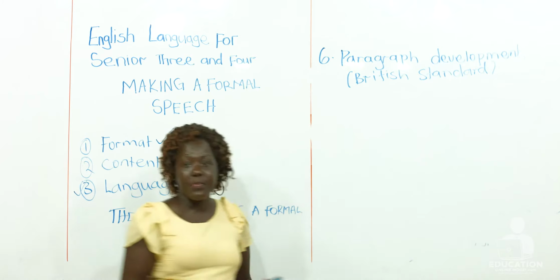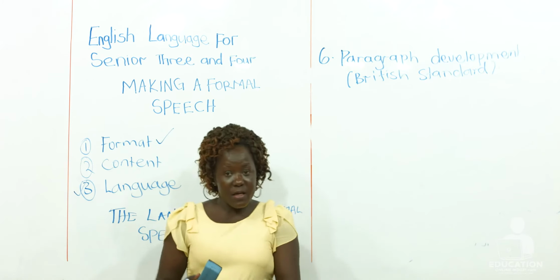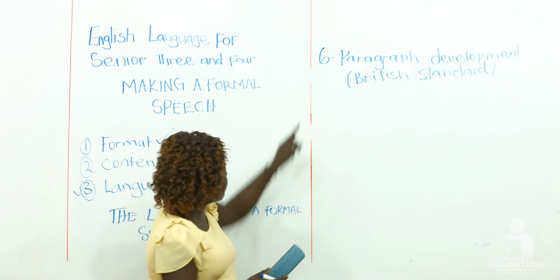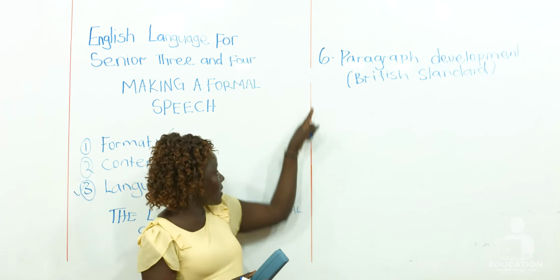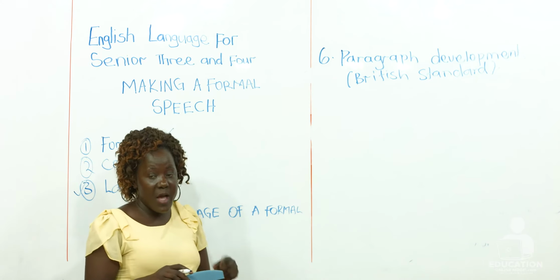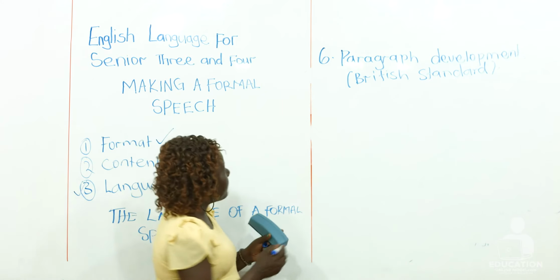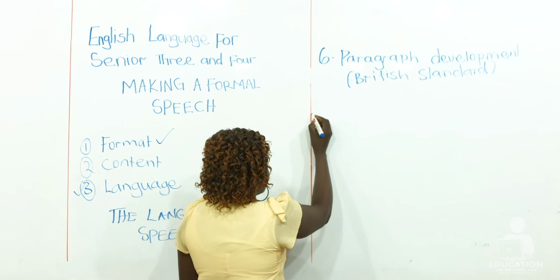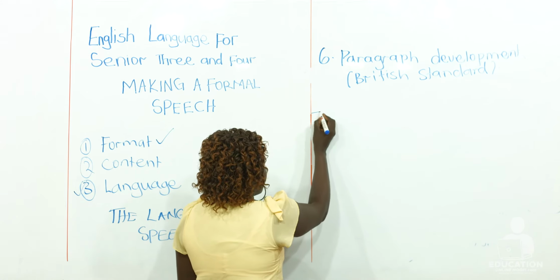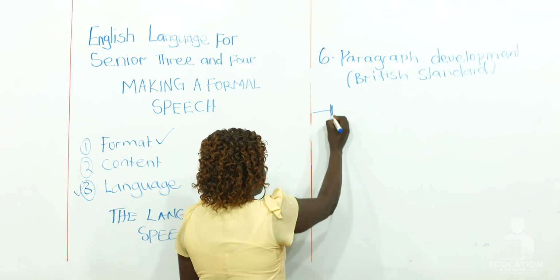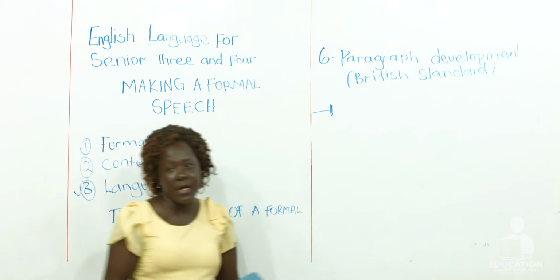Now, what does a British standard paragraph look like? This is how it looks. If this red line is the margin of your book or paper where you're writing, then you have to indent some centimeters from the margin and start to write your paragraph from somewhere here.